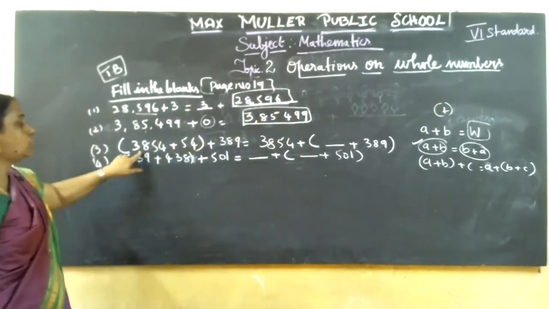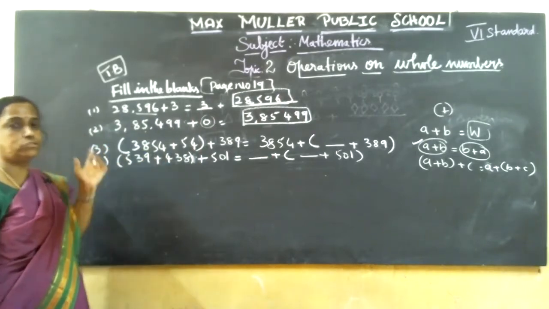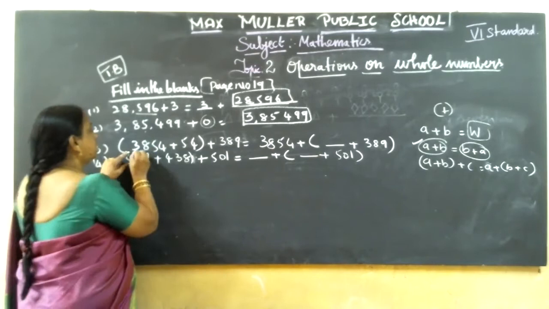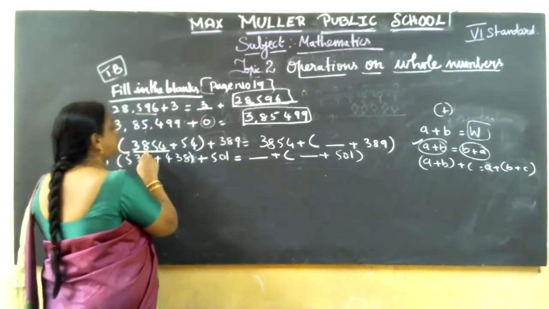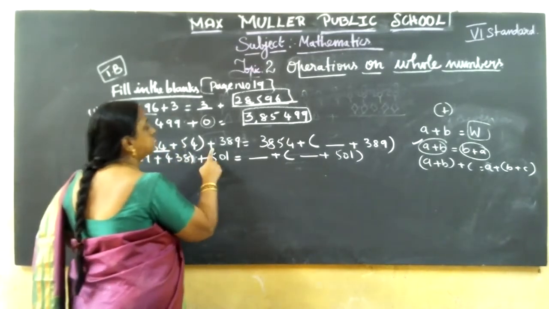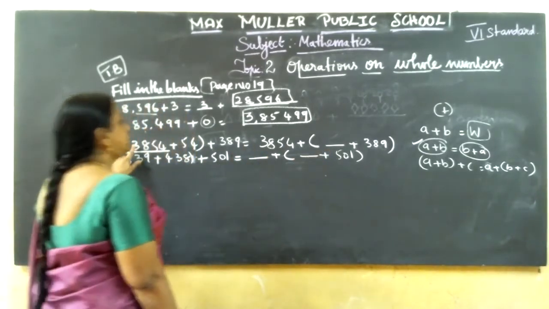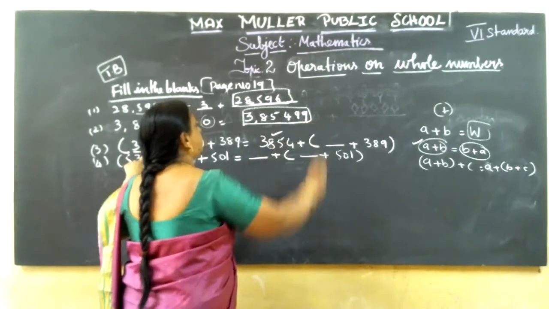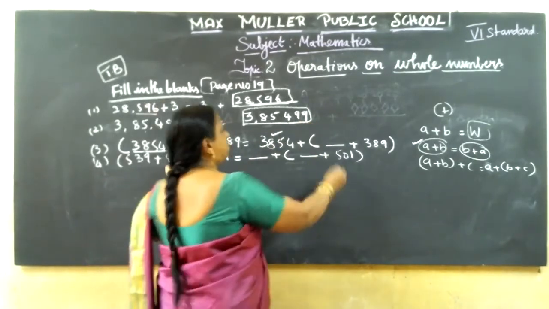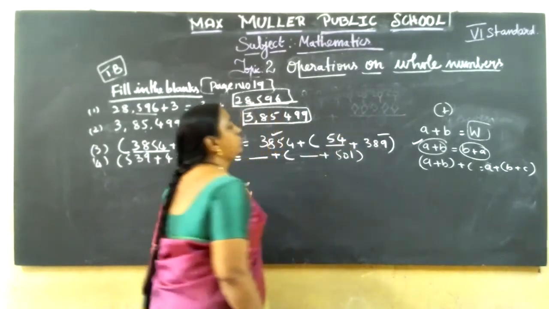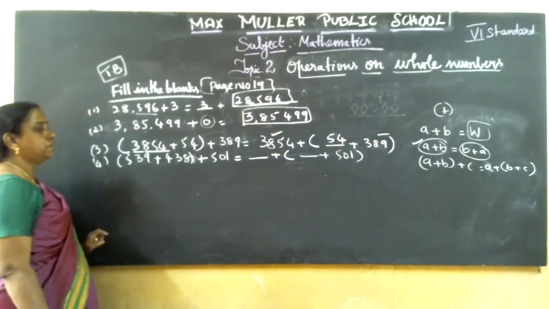Now here, grouping. Which property should immediately come to your mind? This is the associative property. So here 3,854 plus 54 plus 389 is equal to what? This number 3,854 is there, then 389 is also there, 54 is not there. Now you write it, then both the sides are equal.